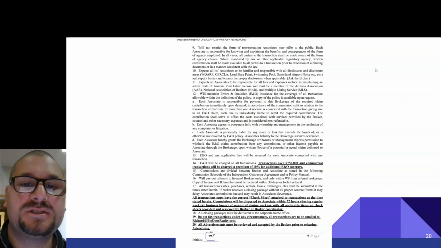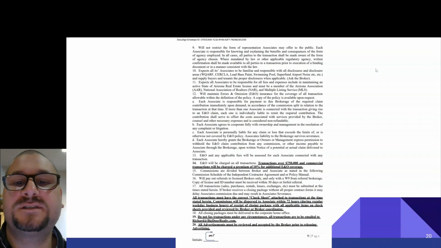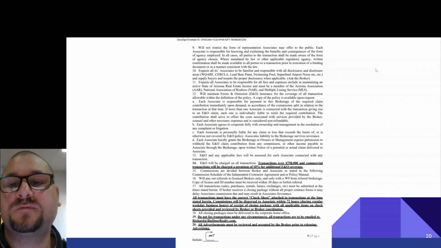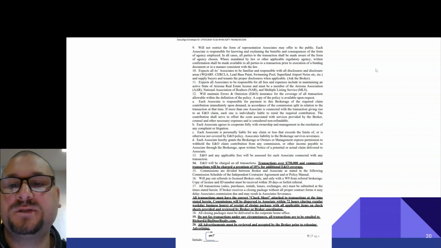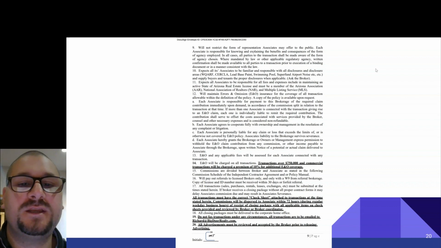The contribution shall serve to offset the costs associated with services provided by the broker, counsel, and other necessary expenses, and is considered non-refundable. Each associate agrees to cooperate fully with ownership and management in the resolution of any complaint or litigation.